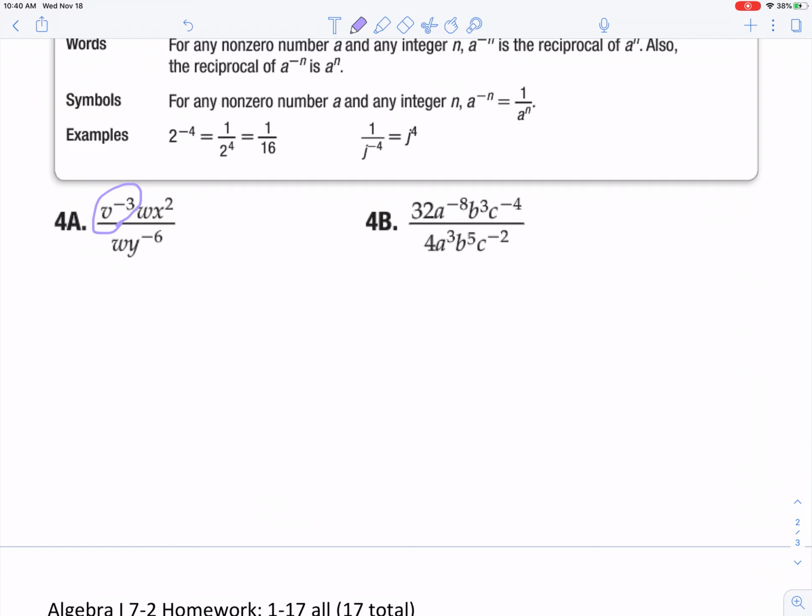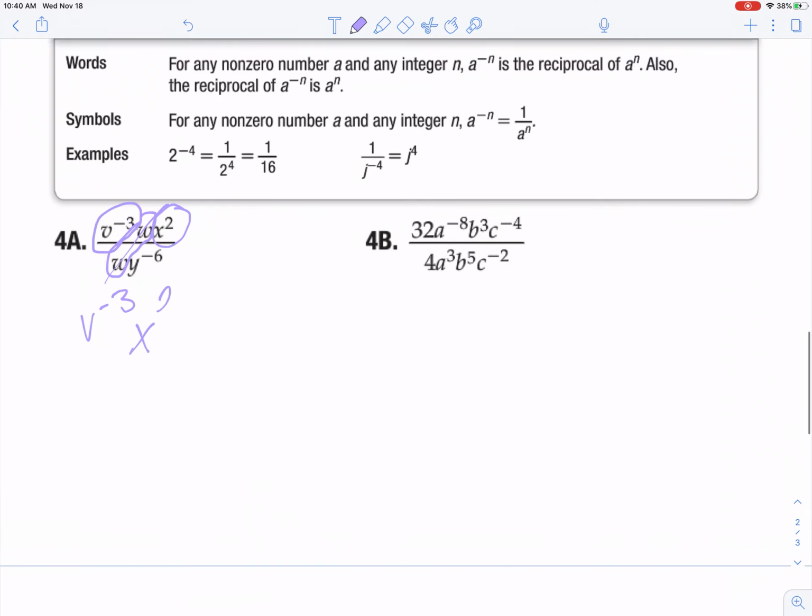When you subtract the bottom from the top, meaning the top number minus the bottom, it's going to end up on the top. So v to the negative third, there's nothing to combine with it. W's, 1 minus 1 is 0, that cancels. There's nothing to combine with the x. If there's nothing to combine with the y, since it's already on bottom, I'm going to leave it there.